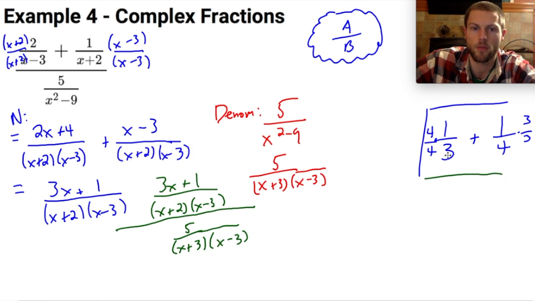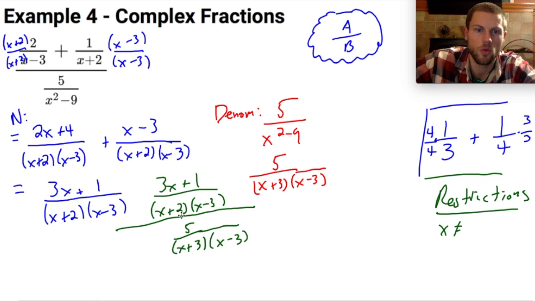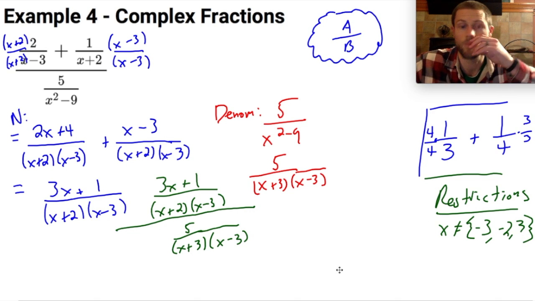So let's fill up that restriction sidebar again. So here's my restriction bank. And right now, as I'm looking at this, I see that x can't equal negative 2, can't equal positive 3, and it can't equal negative 3 either. So this is negative 3, negative 2, and positive 3. That's what I have so far. We'll see if I add any more to that.